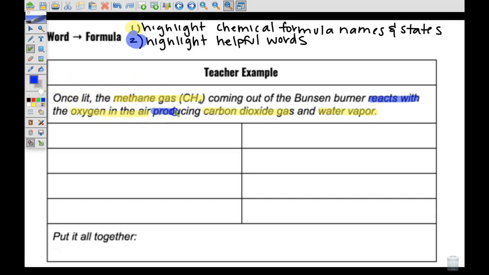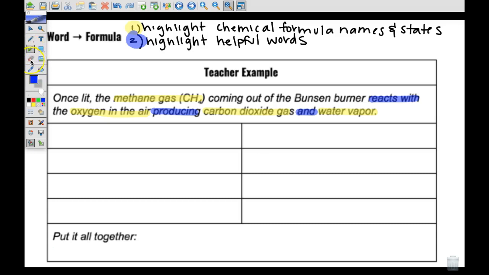Then I see the word producing, which tells me what I'm about to make, the new stuff. Then I see the word and, which tells me that there's more than one product, more than one thing I've ended with.